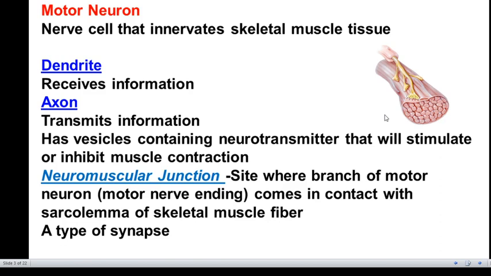The gap between the pre and post membranes is called the synaptic cleft, which is always filled with the transmitter substance.